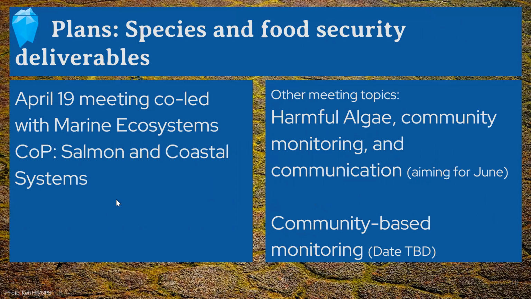So there's an upcoming co-meeting with the Marine Ecosystems Group on salmon and coastal systems. That's in 2 weeks. And then we're planning some meetings on harmful algae blooms, spurred by that bloom that they saw in the Bering Strait region this past year.